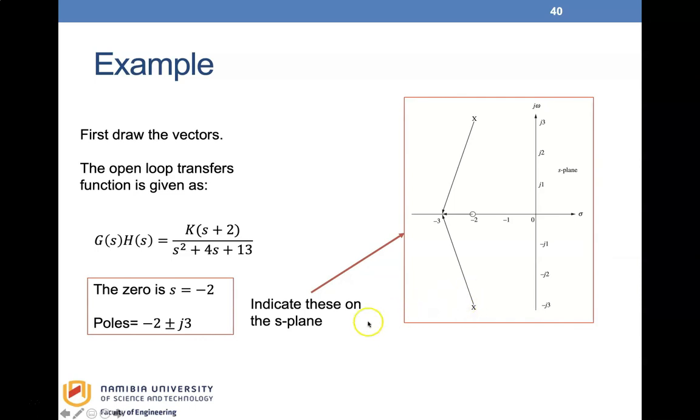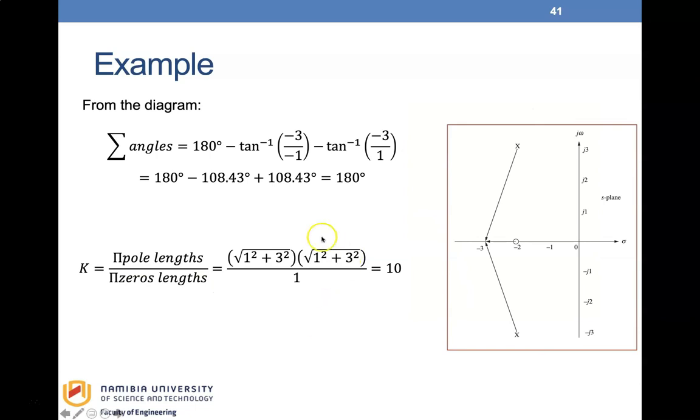And from the vectors, we check the angle condition, which is the sum of angles: 180 degrees minus tan inverse of -3 over -1 plus tan inverse of -3 over 1, which comes down to 180 degrees. Hence, the angle condition is met.